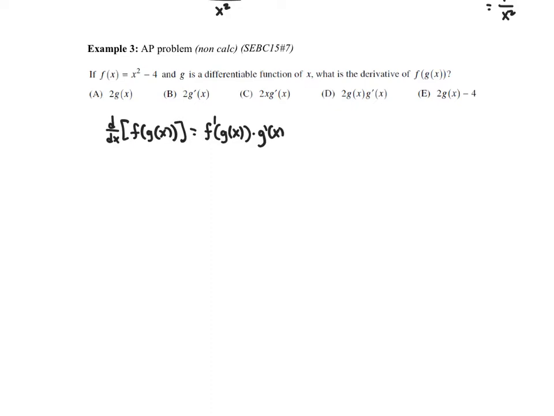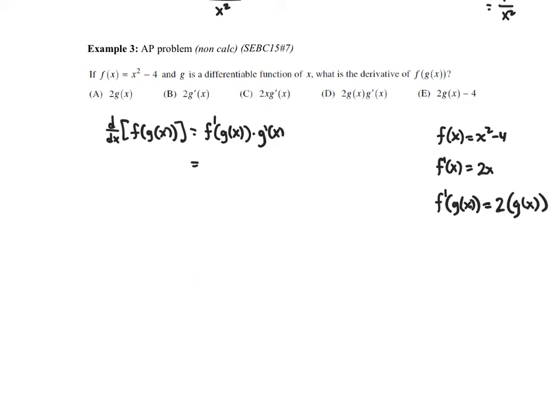Okay, so let's look at the derivative of f. So f of x was x squared minus 4. So f prime of x would equal 2x. So f prime of g of x would equal 2 times g of x.